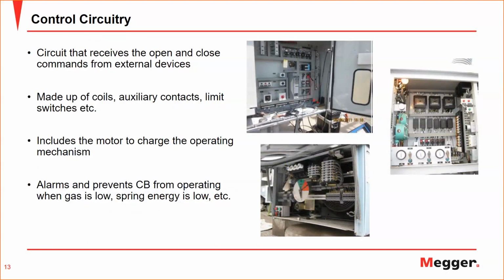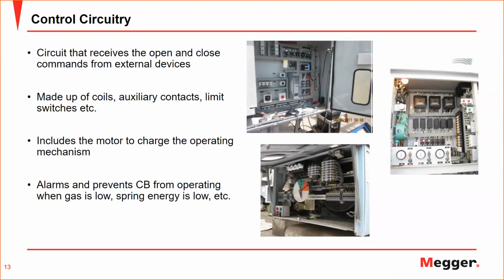And this control circuitry operates or releases the mechanism using closing and opening coils. Usually there are two opening coils and one closing coil. And also, to add more protection against unwanted conditions, we usually have auxiliary contacts and limit switches that act as interlocks to avoid any wrong operation.